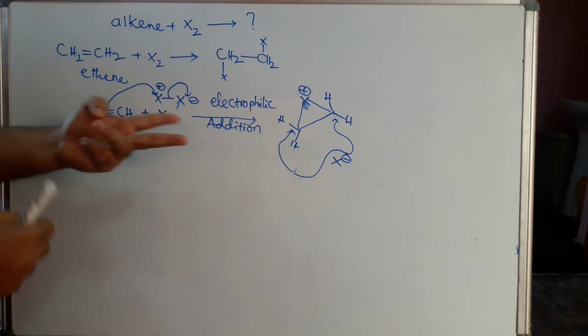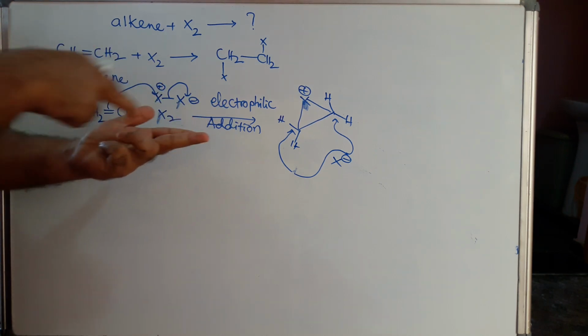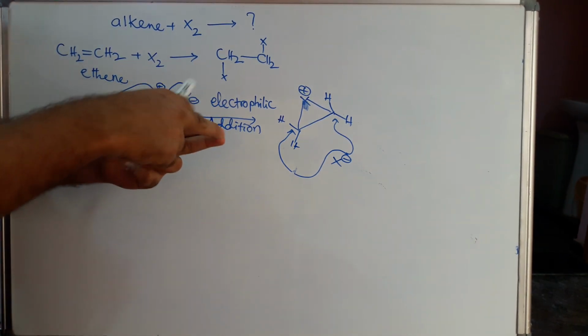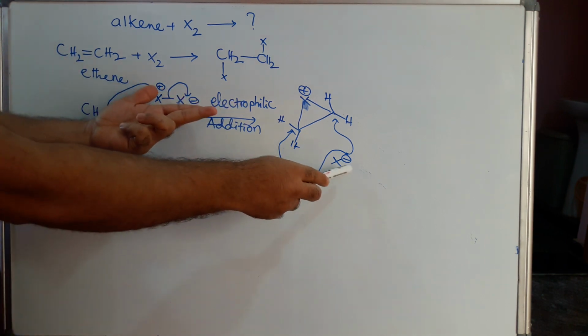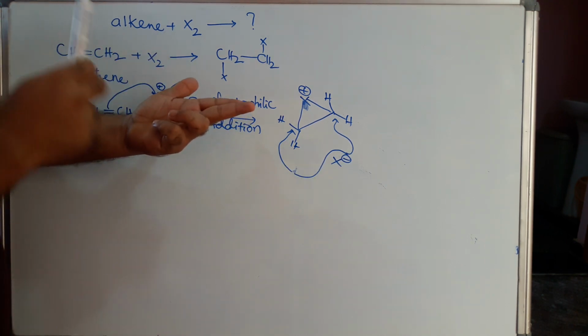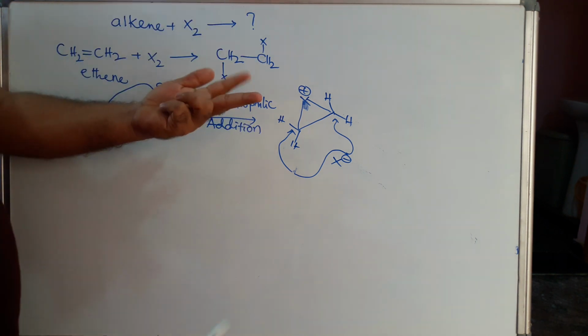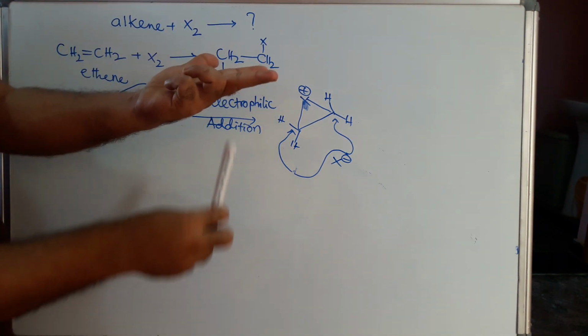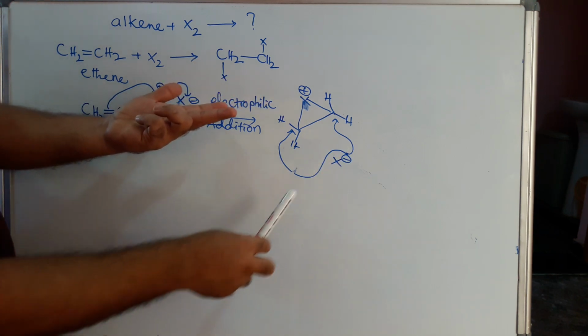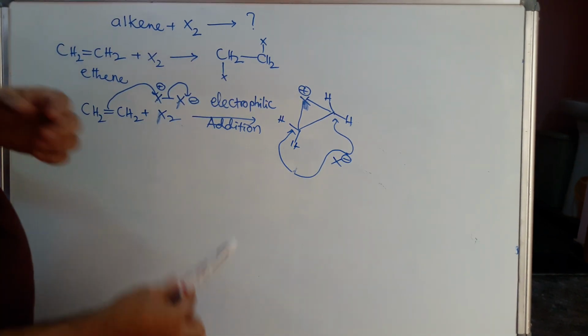Actually this double bond will be like this: this is a carbon position, this is a carbon position, this is hydrogen, this is hydrogen. After breaking this double bond, this is a single bond, so the negatively charged nucleophile attacks from the down.